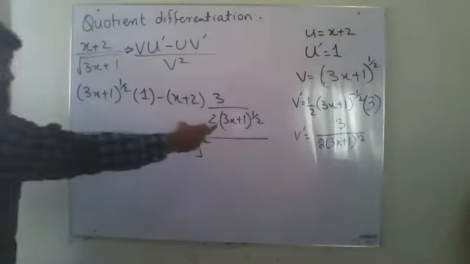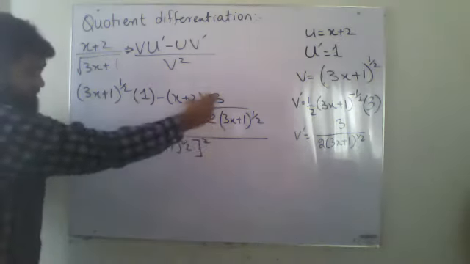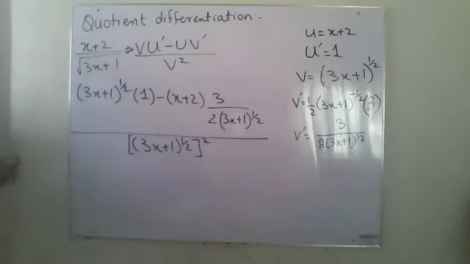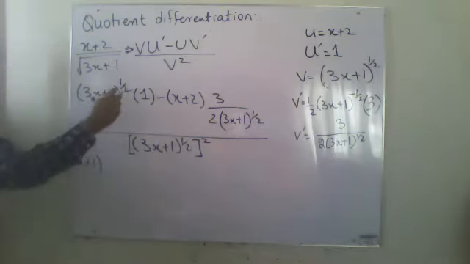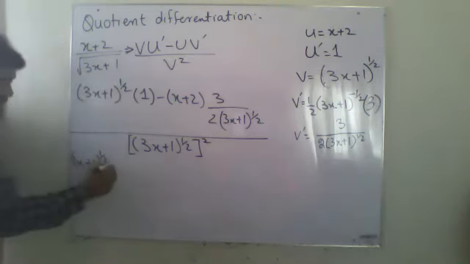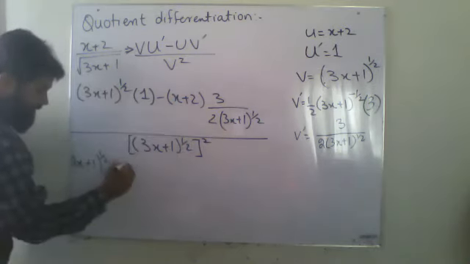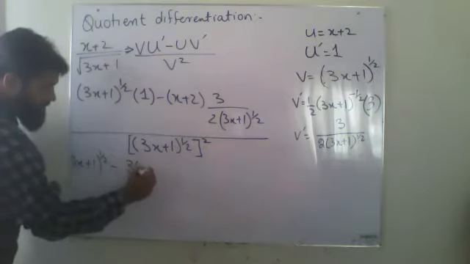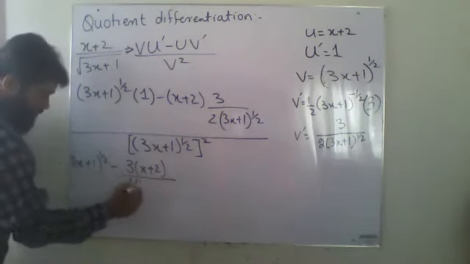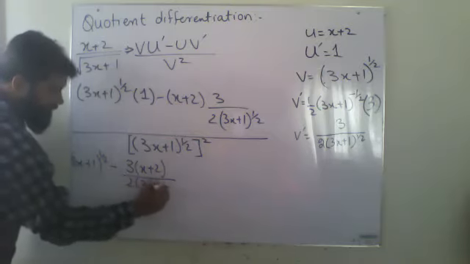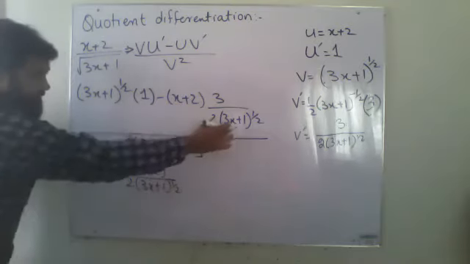Now let's simplify this thing. First of all, there is this thing given. I am simplifying it first. 3x plus 1 power half multiplied by 1 will have no effect. Simplifying this part, 3x plus 2 over 2, 3x plus 1 power half.